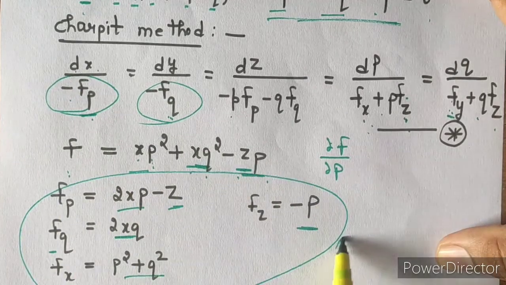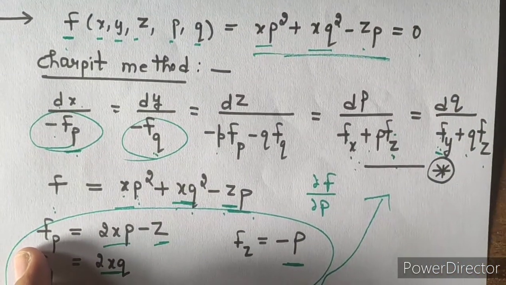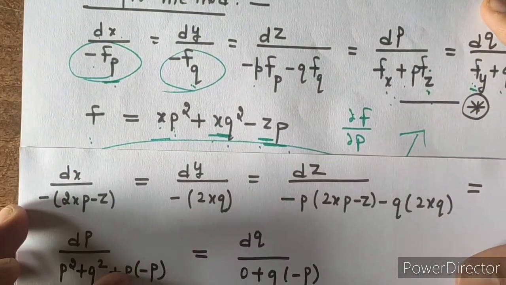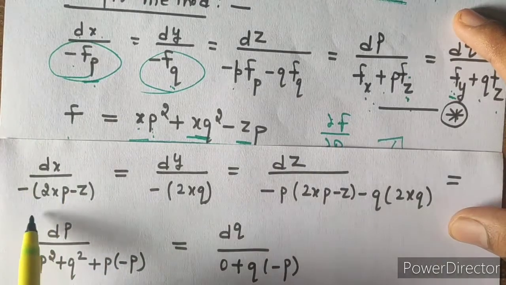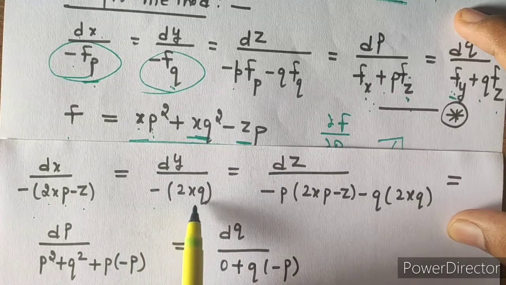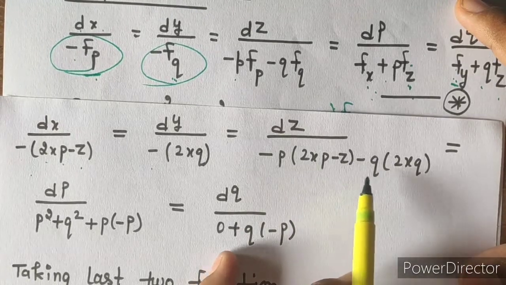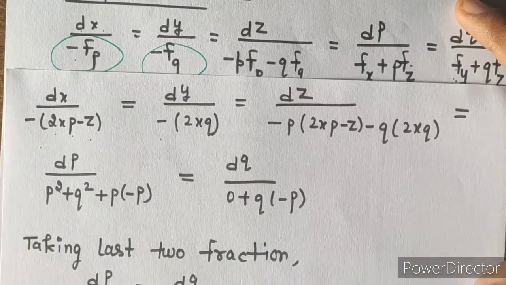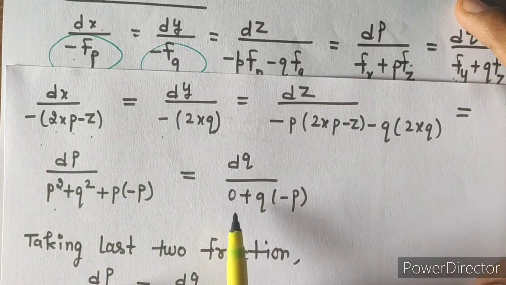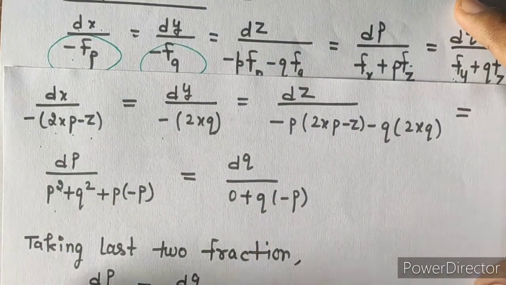Putting all these values in the star equation, it becomes dx divided by minus (2xp − z), dy divided by minus 2xq, and dz divided by minus p(2xp − z) minus q(2xq) is equal to dp divided by p² + q² + p(−p), equal to dq divided by 0 + q(−p).